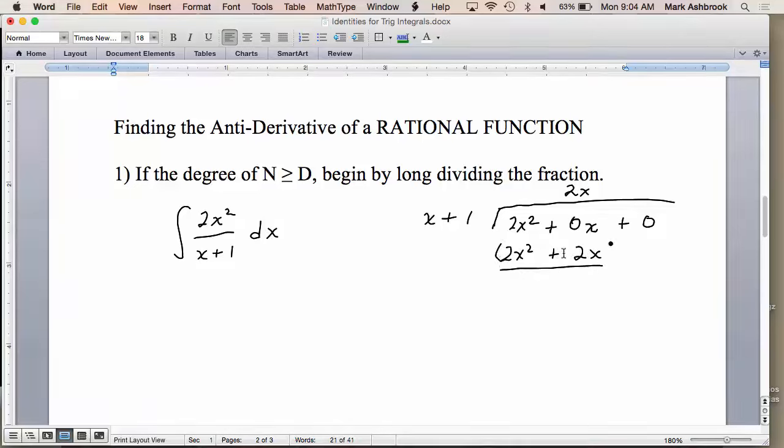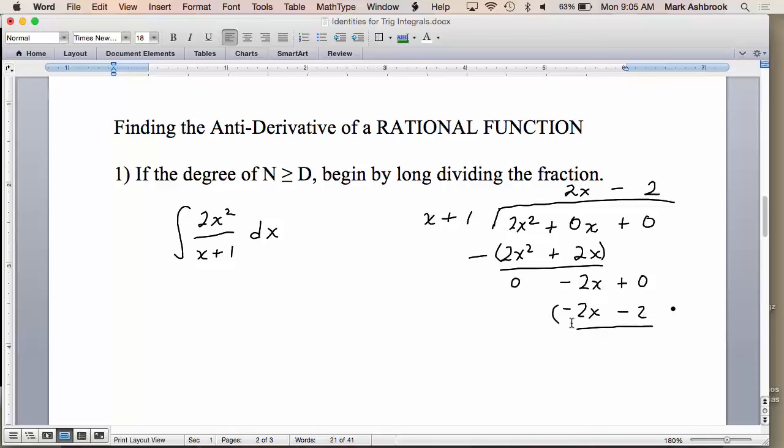Then we subtract, and that's 0. That's what we wanted. And we got 0x minus 2x, which is minus 2x. And we're going to bring down 0. Now we're saying, what do we need to multiply x by to get minus 2x? Minus 2. So we get minus 2x minus 2.